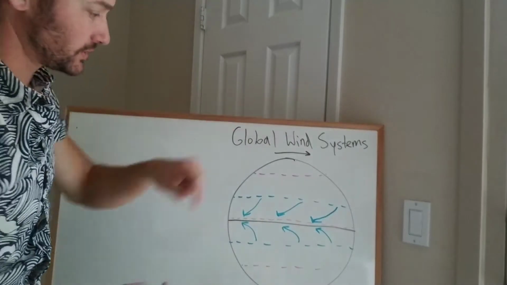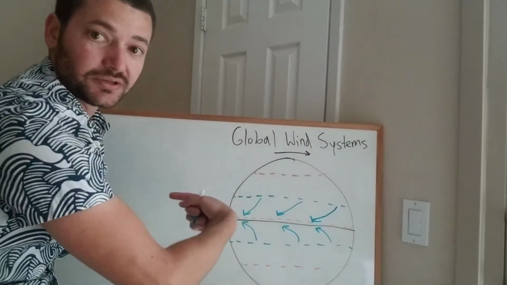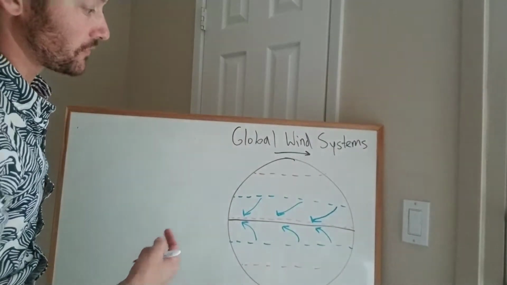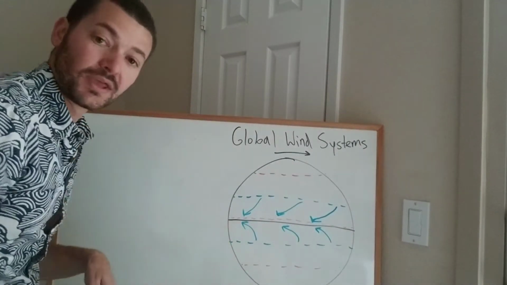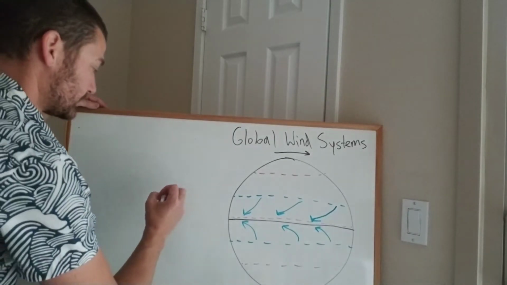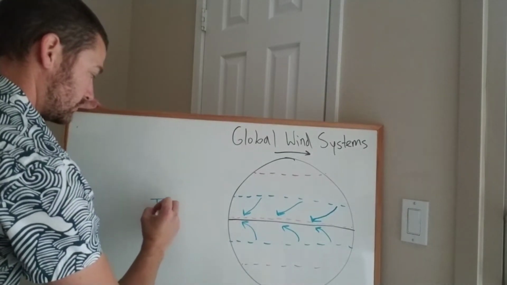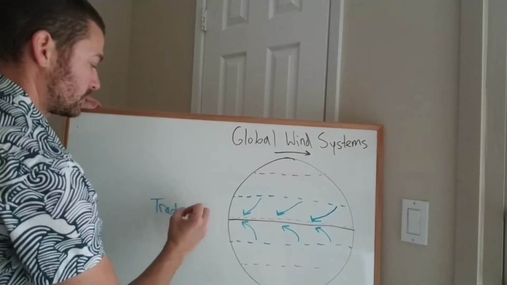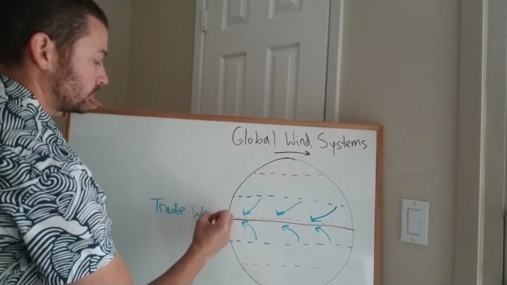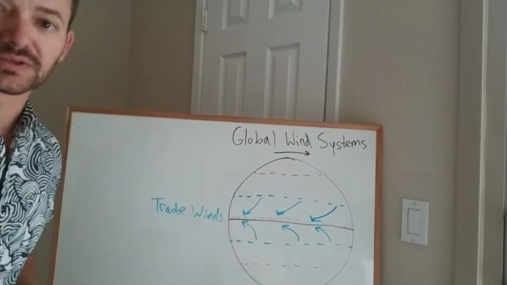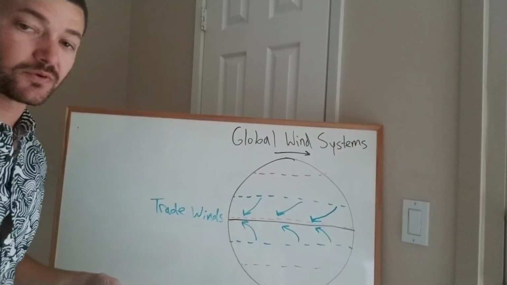So you have this wind system that travels that direction around the world, from high to low pressure, and this is called the trade winds. You've probably heard of the trade winds before.